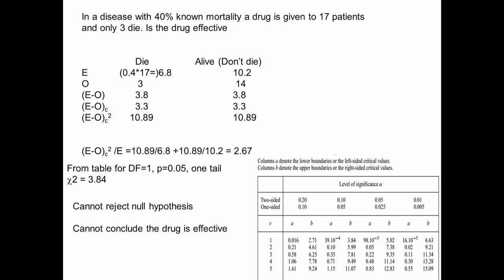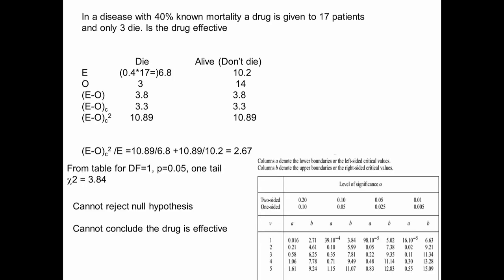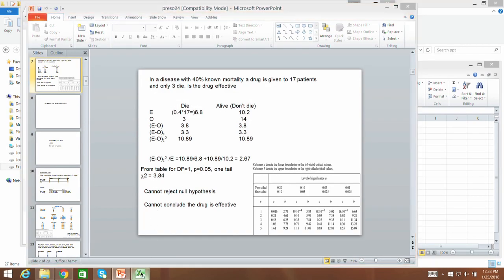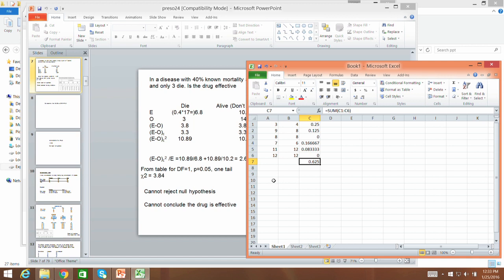Of course we can do the same calculation using Excel or GraphPad also. If you remember, we can do it in Excel or in GraphPad. Let us try to do it in Excel first.